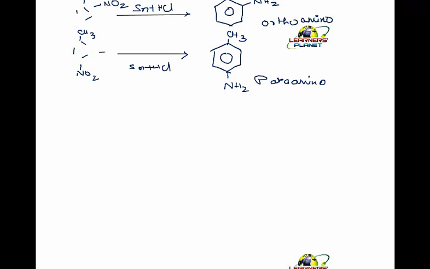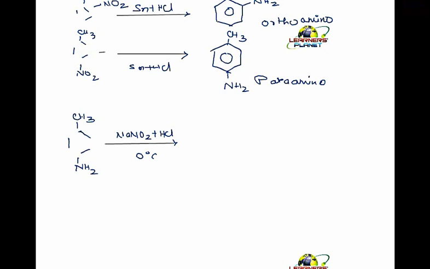So, say if I am taking one of them, say if I am taking your para-aminotoluene, and it is diazotized. Diazotized means it is treated with NaNO2 and HCl at 0 degree centigrade.